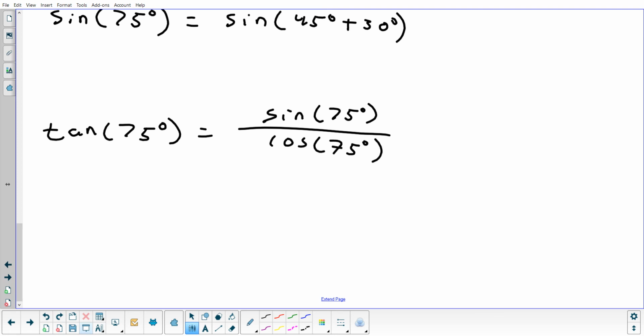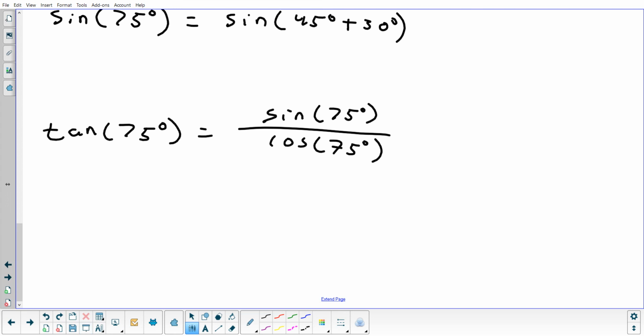You could figure out the sine of 75, go through that entire problem, find the cosine of 75, go through that entire problem, and then just divide the two answers. So you can figure out tangents using what I already told you. Now, there is a little bit quicker way to do it, and there's a specific formula for the tangent of a sum, so you don't have to do this. And I'll give you those too.